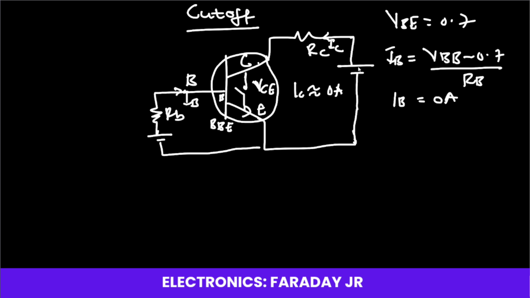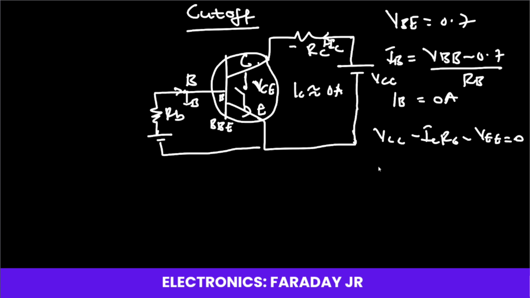And don't forget we have VCC. Going around the circuit from negative to positive gives us VCC, minus ICRC, minus VCE, which is equal to 0.